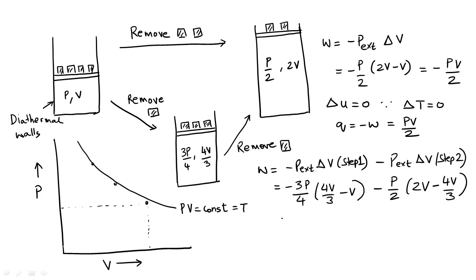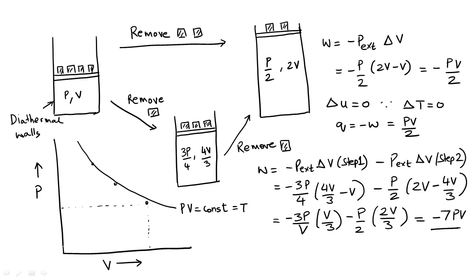And this is equal to minus 3P by 4 times V by 3, minus P by 2 times 2V by 3, and this whole thing is equal to minus 7 PV by 12.